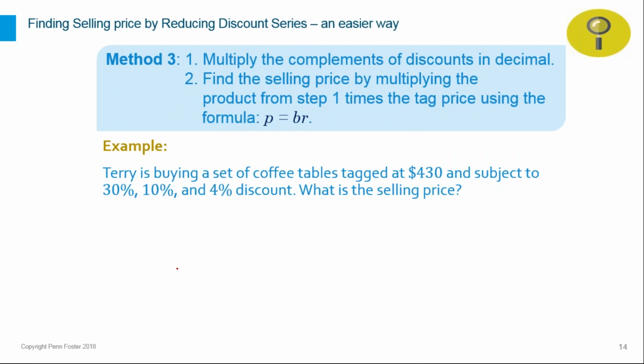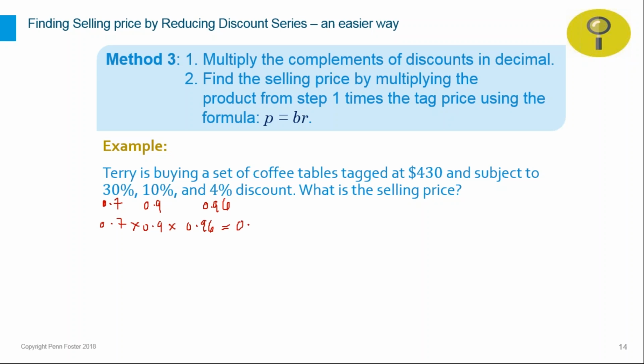So it has only 2 steps. Multiply the complements of the discounts in decimal, and then find the selling price by just multiplying that new R times the tag price, and that's it. So the complements again are 0.7, 0.9, and 0.96. Multiply them together will give you that same decimal number that we had.